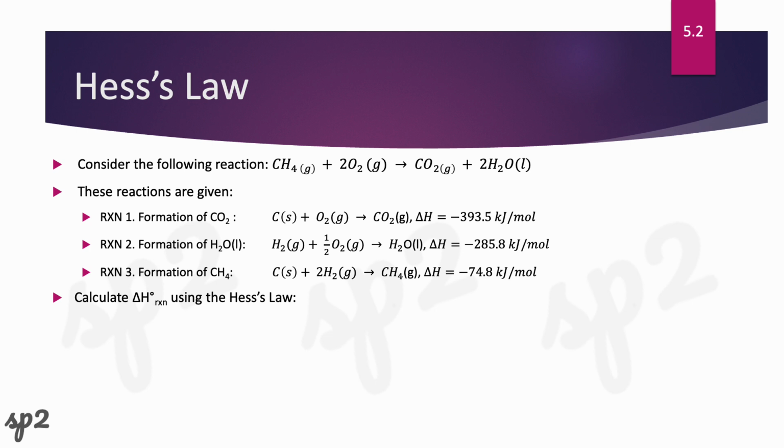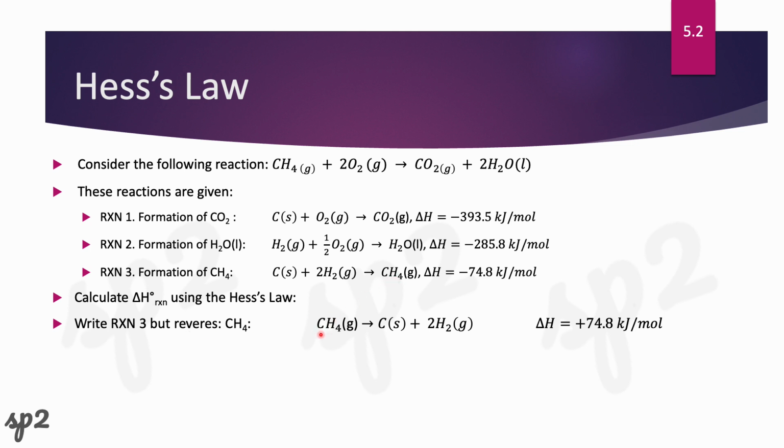So when I'm looking at my overall reaction, I can see that I have methane on the reactant side. So in order to bring that to my reactant side, I need to use the last reaction, right, number 3, but I have to reverse that because I need to see my methane on the reactant side.